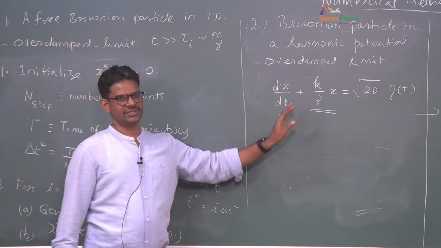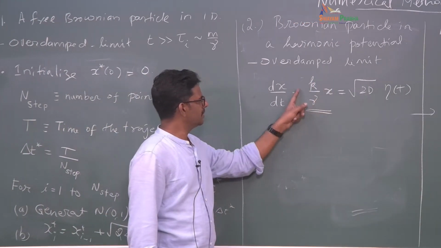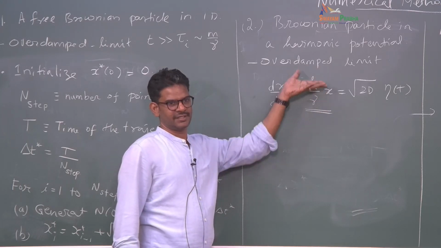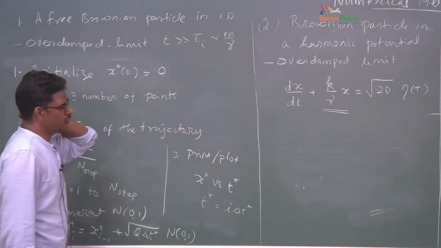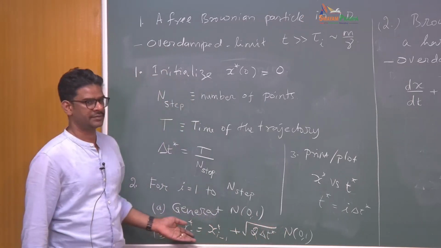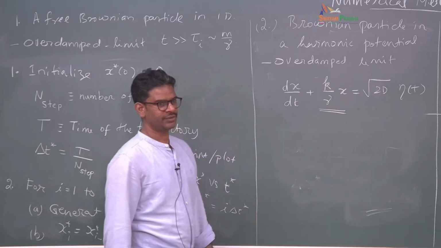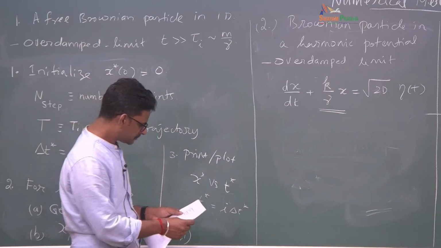You can try to convert this into a non-dimensional form. When you do that, this factor, spring constant by the drag coefficient, will come out as another time constant. So there is going to be a parameter for this. In the previous case there was no other parameter, but here this term will bring a characteristic parameter to this problem. So I will give the final equation directly here.